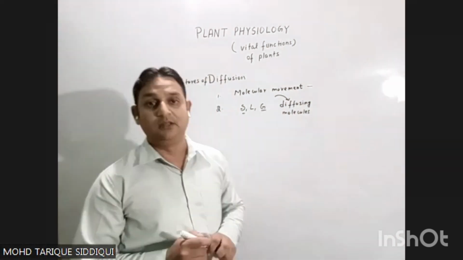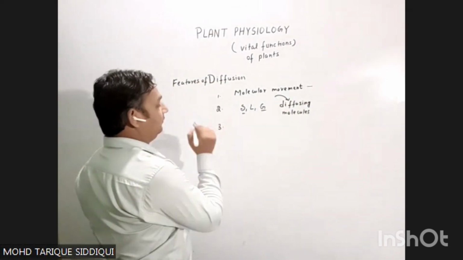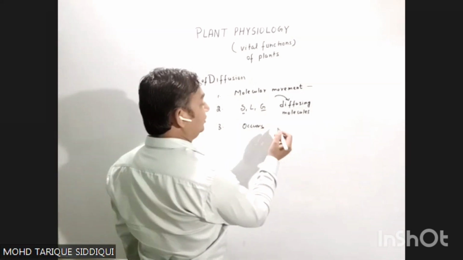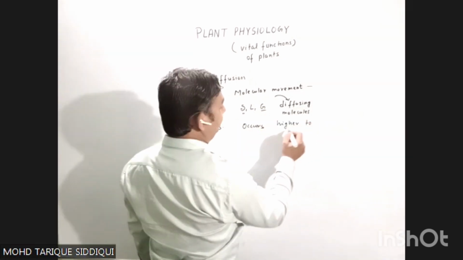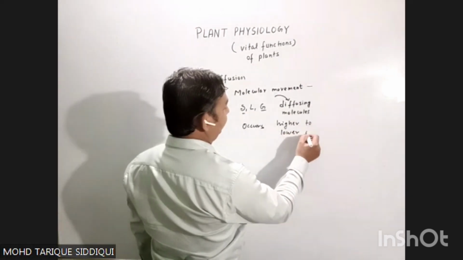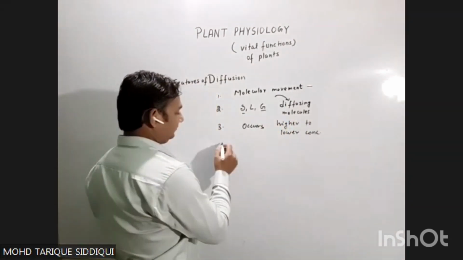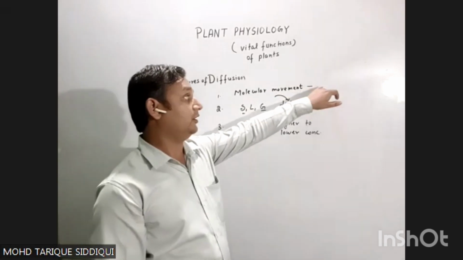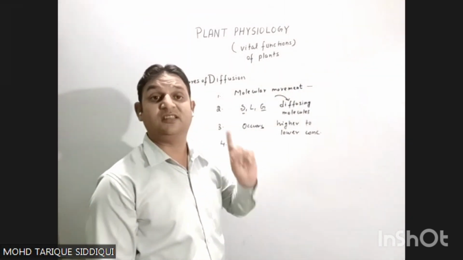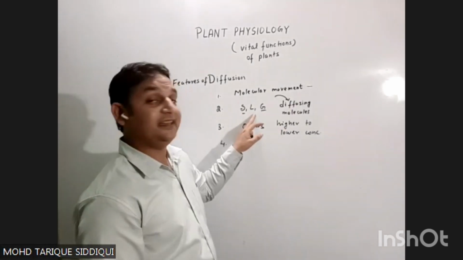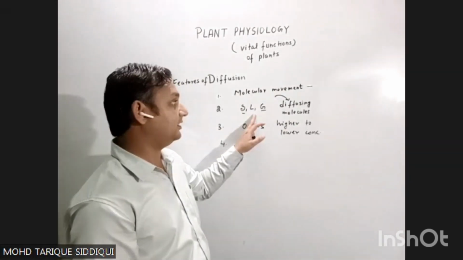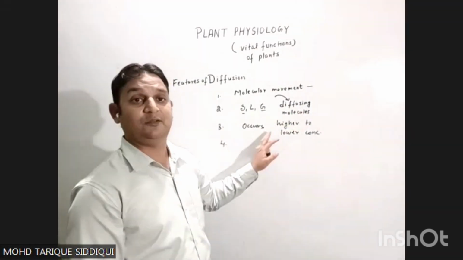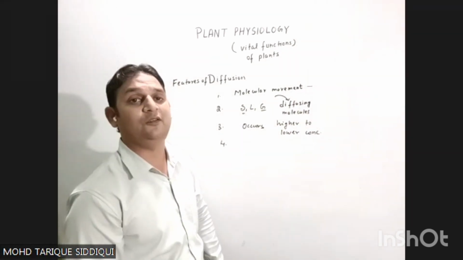Third important feature, it occurs from the region of higher concentration to the region of lower concentration. To recap: first, it is a molecular movement in which the molecules move but not the substances in bulk. Second, diffusion takes place in solid, liquid, and gases. Third, it occurs from higher concentration to lower concentration.